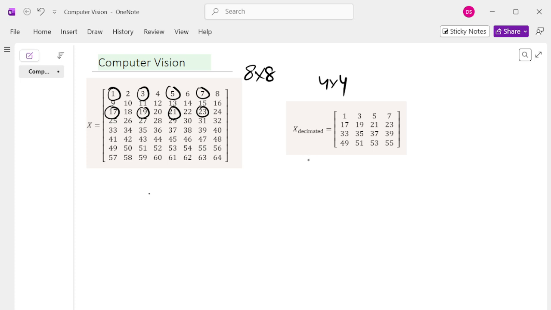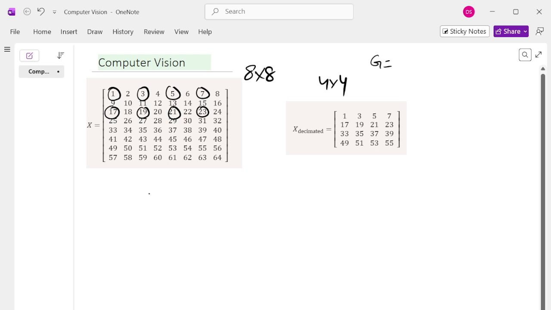However, let's use an automated approach in which we would be using a filter which is g, and g would be in the form of ones and zeros.